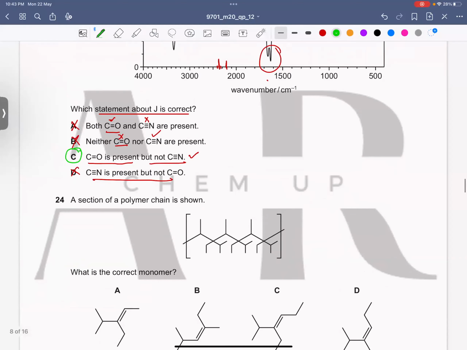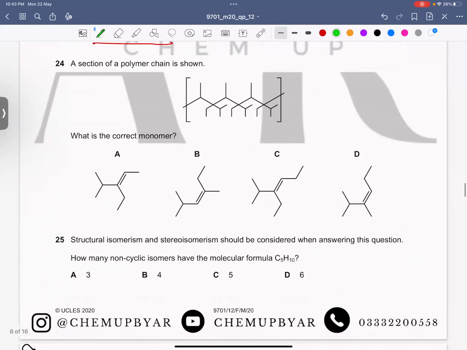Now question number 24. A section of a polymer chain is shown. What is the correct monomer? Okay, if we start from here, then this is your monomer. Why?